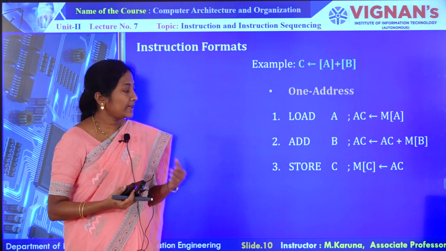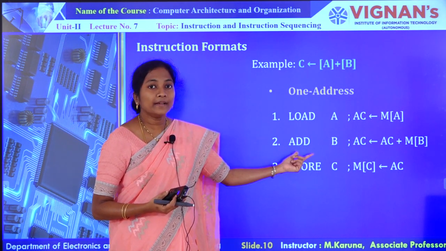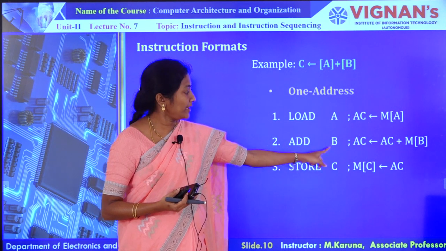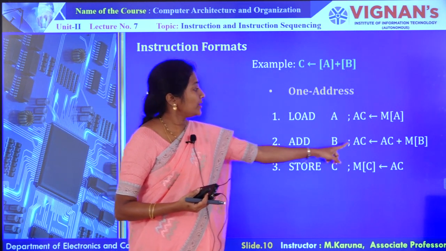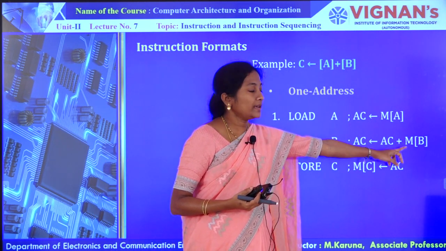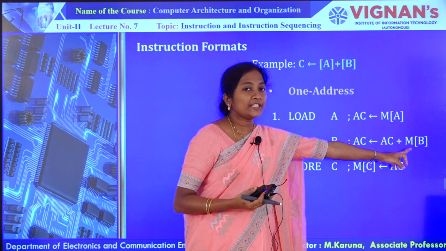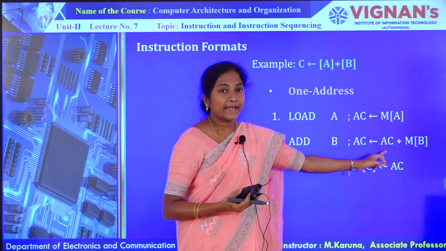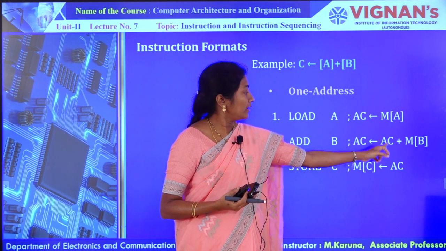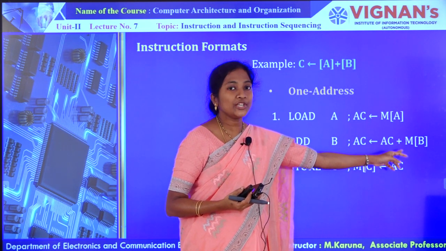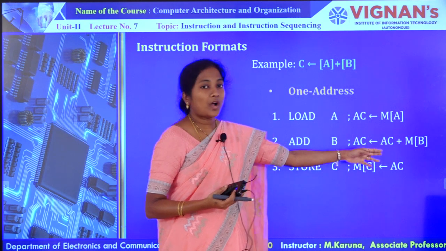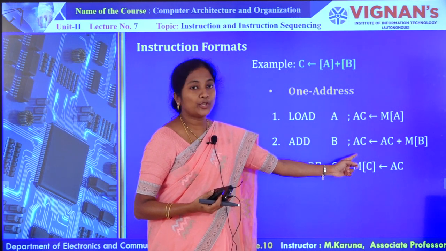After transmitting the data, we need to add the content of memory location pointed by B to the accumulator. So, the content of memory location pointed by B will be added to the content of accumulator. After performing the addition operation between these two, the output is automatically transferred to accumulator.